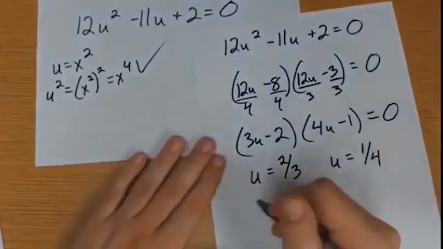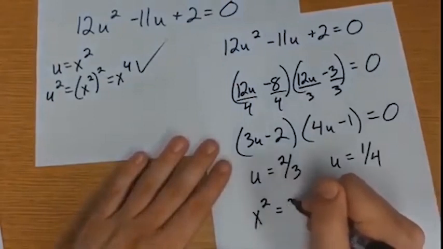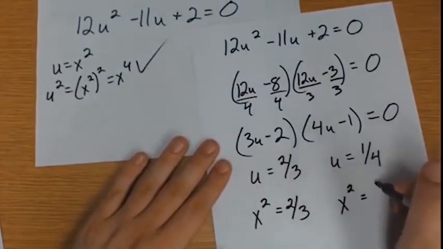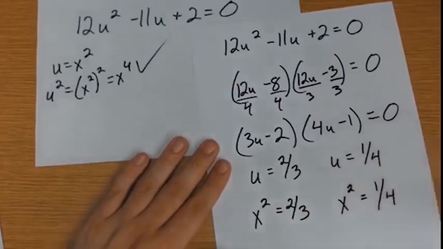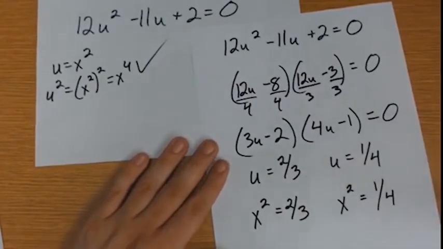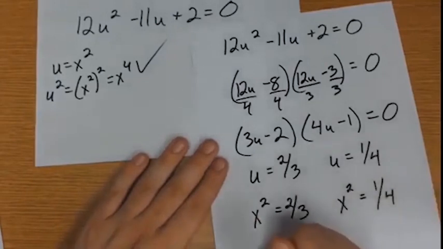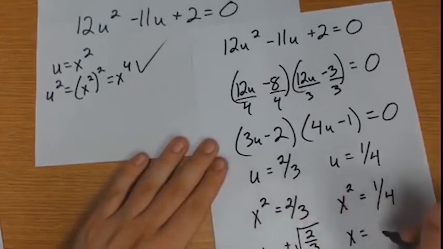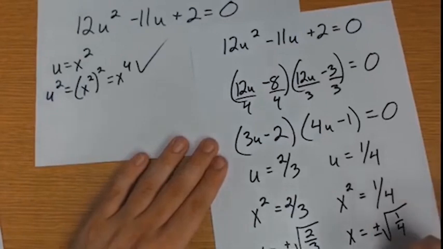But u was x squared. So x squared equals 2/3. X squared equals 1/4. If we take square roots of both sides, x equals plus or minus radical 2/3. X equals plus or minus radical 1/4, which is plus or minus 1/2.